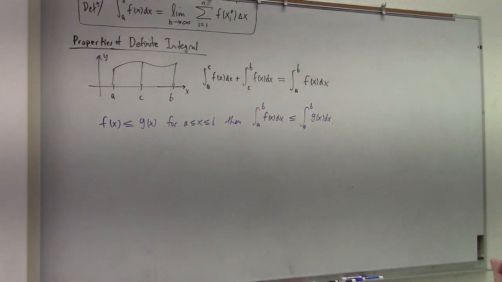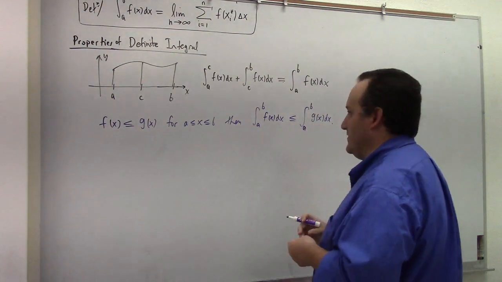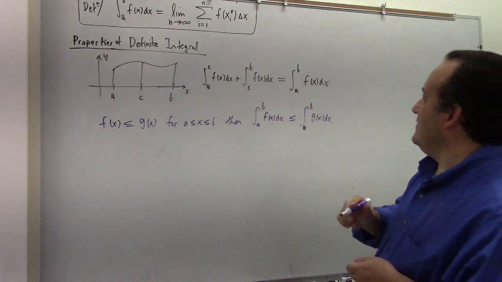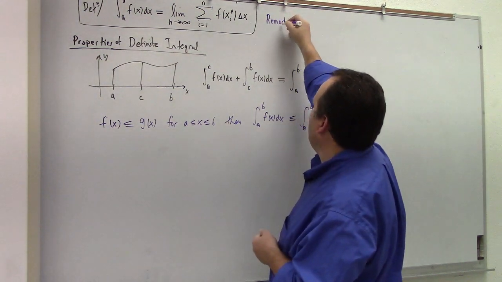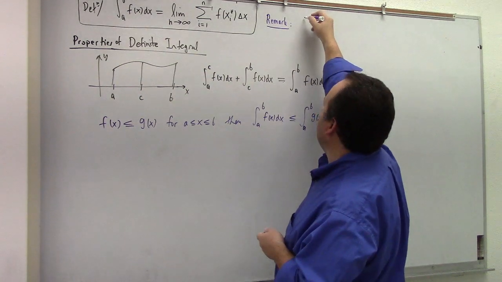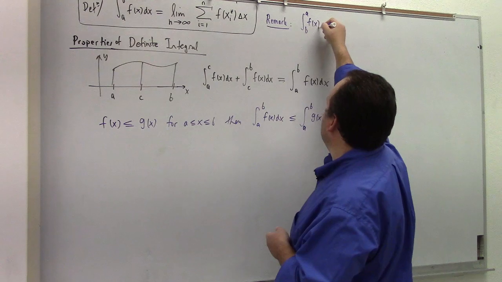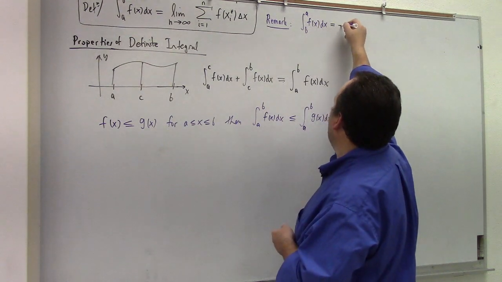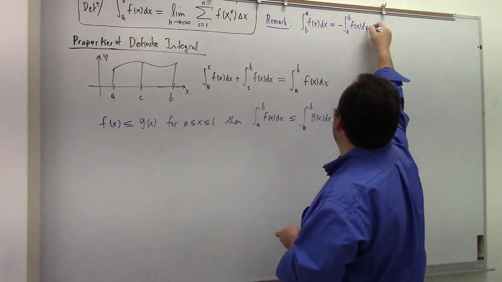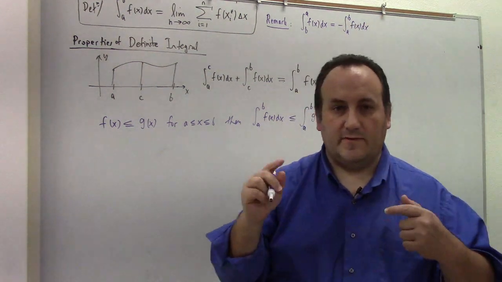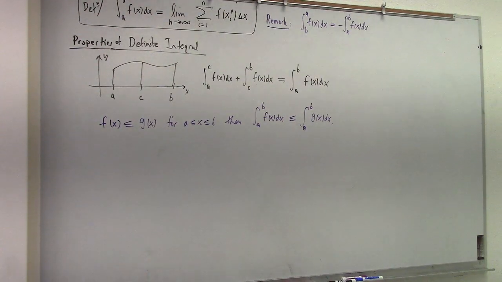But this theorem still makes sense when f and g are negative. So that's another property. I should make a remark. If we had the integral from b to a of f of x dx, that's by definition minus the integral from a to b. So we've been assuming a is less than b.